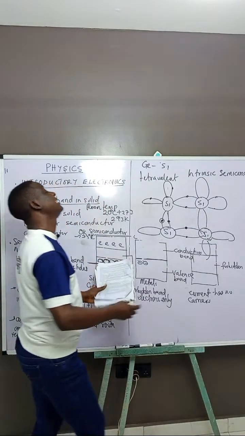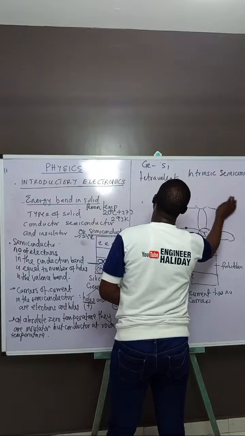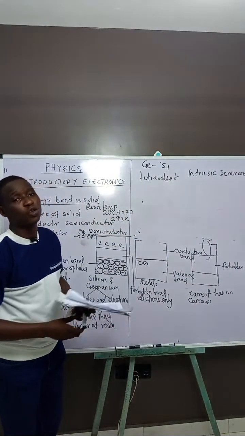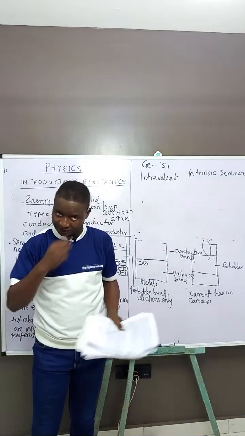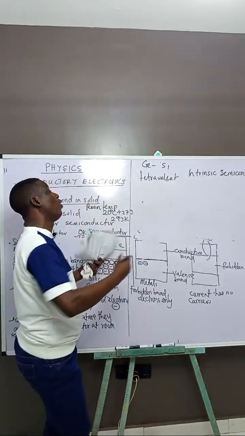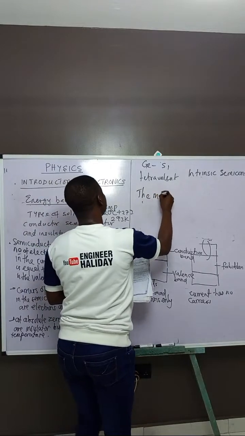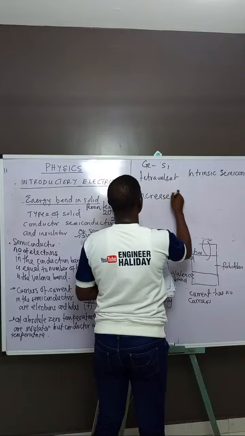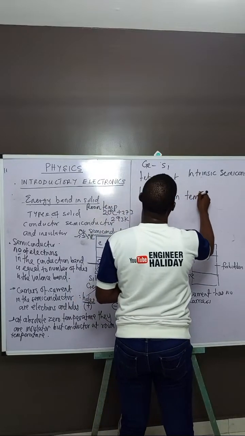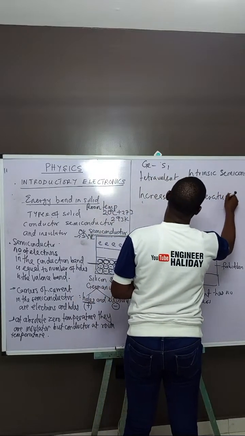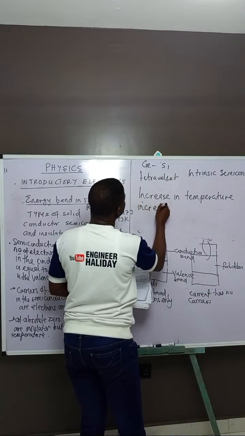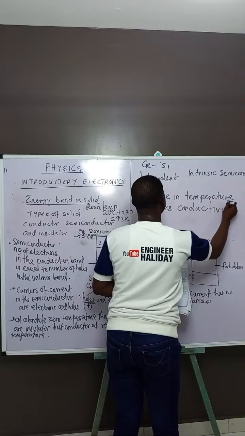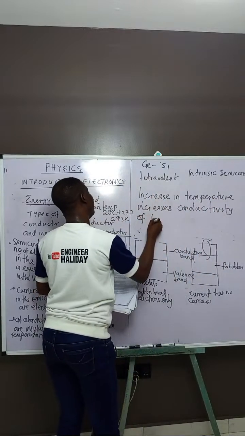Another thing you must take note of before I leave is that the more the temperature of a semiconductor, the more the conductivity. That means an increase in temperature increases the conductivity of the semiconductor.